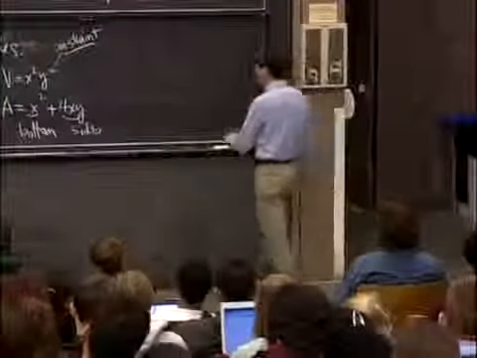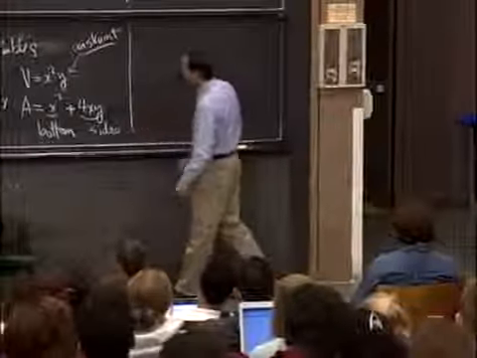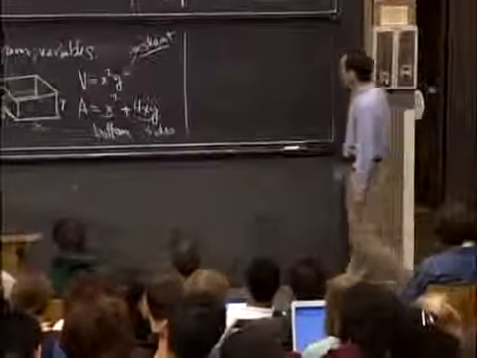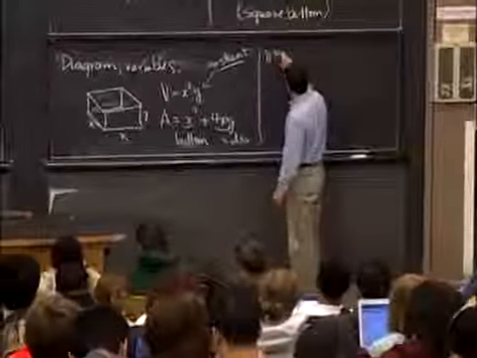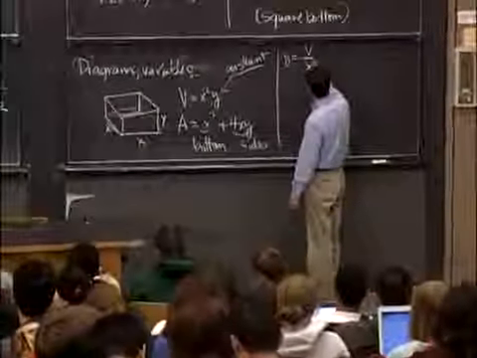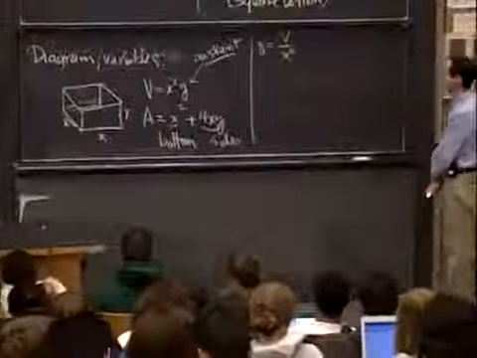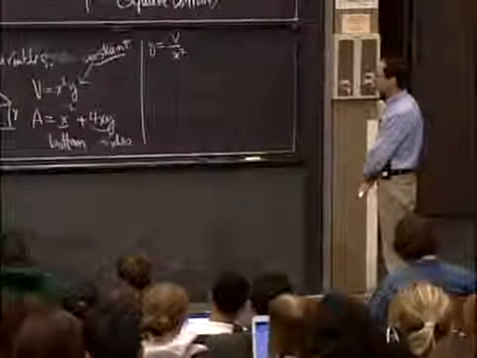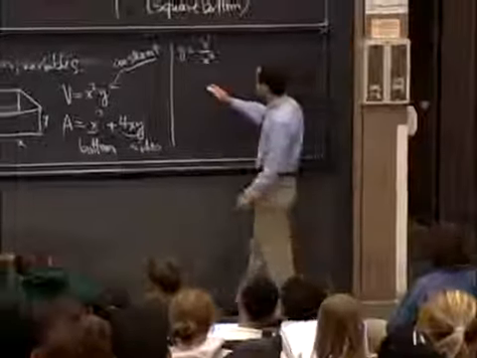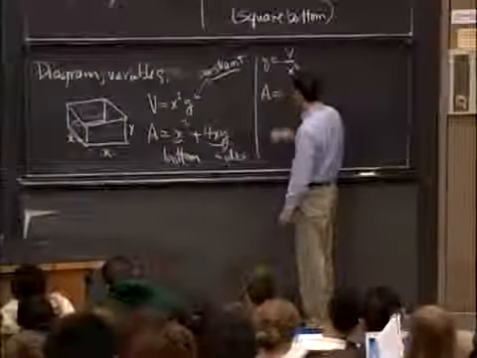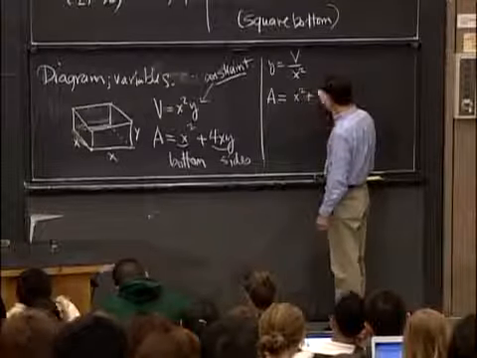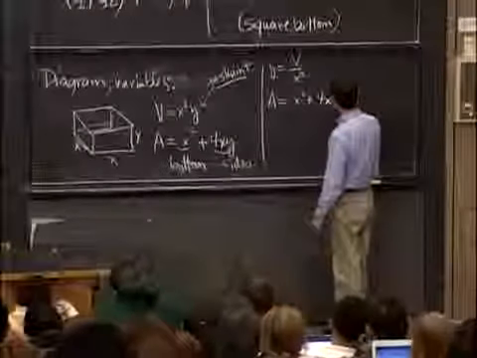And so that means that we can solve for y in terms of x. So y is equal to v divided by x squared. And then we can plug that into the formula for A. So here we have A, which is x squared plus 4x times v over x squared.